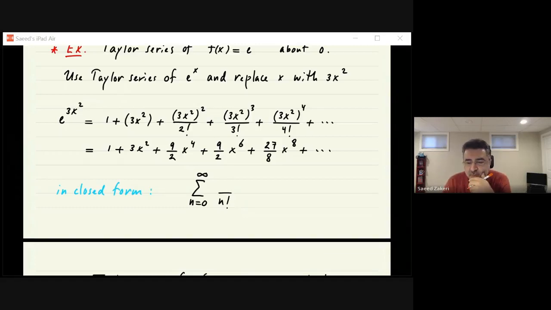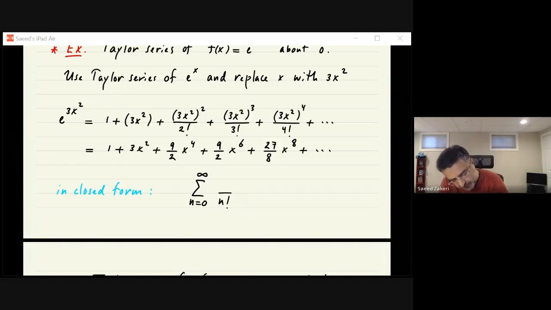By closed form, I mean a compact formula that's not like listing the first terms and then saying dot, dot, dot. When you write it using the sigma notation, you are actually making a more precise statement very compactly.